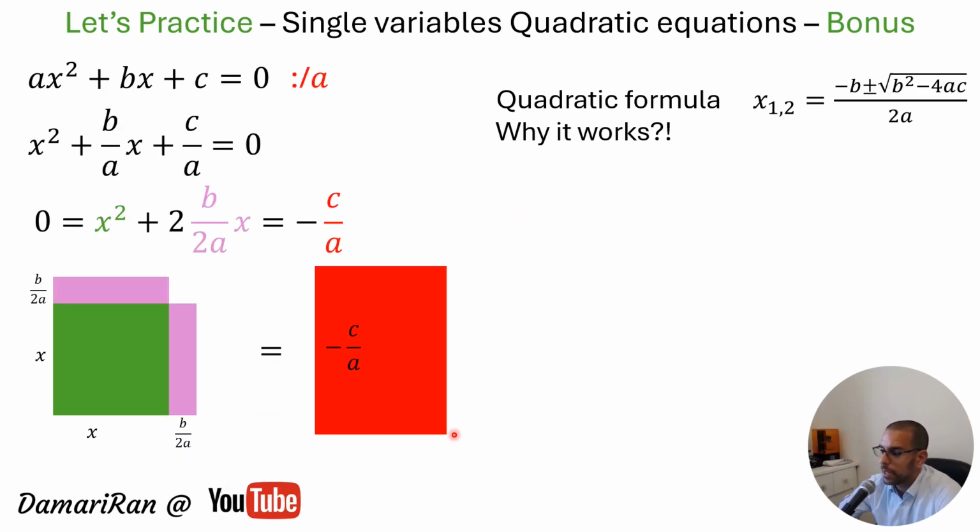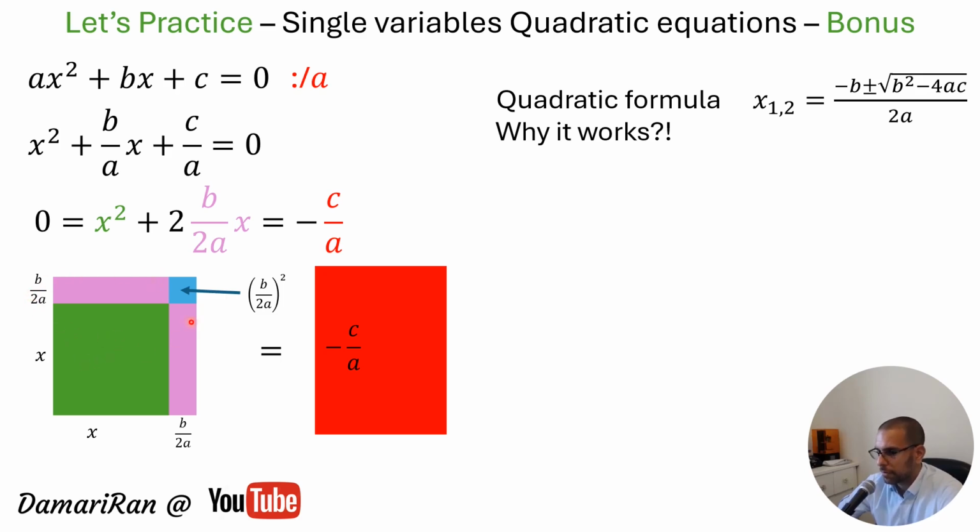So what we have here, as you can see, is almost a square, but we want to add that little blue square right here to make it a complete square, right? So this is what we do. We're going to add it, and we're also going to calculate what this square's area is. One line is b over 2a, the second line is b over 2a, so the total area is going to be b over 2a squared.